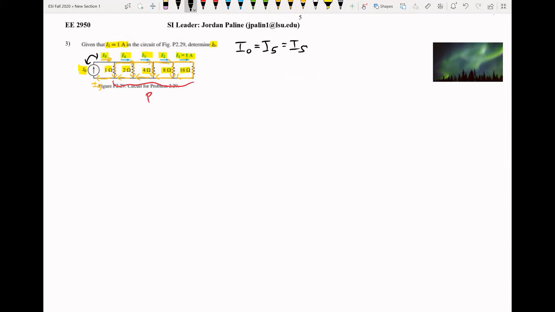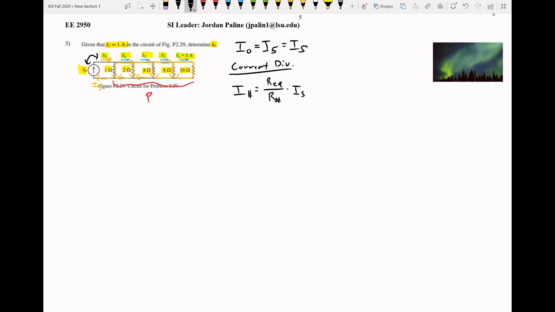If we know a bunch of information about currents, and we see that everything is in parallel, we can use the current division. Okay, and we write that equation out. We can say I of a number is equal to our equivalent over our number times I of source.